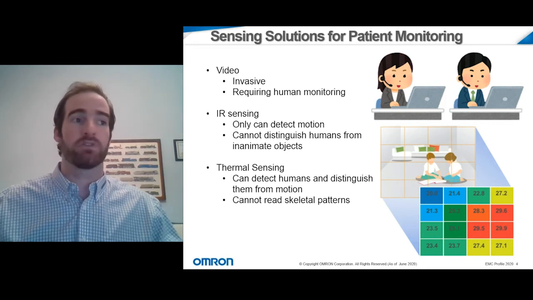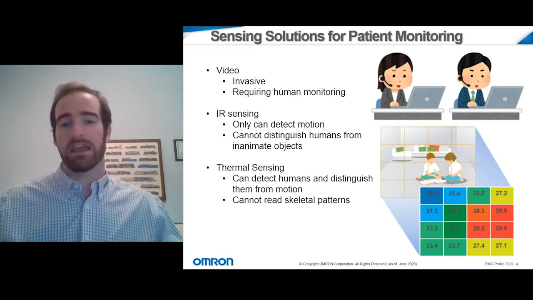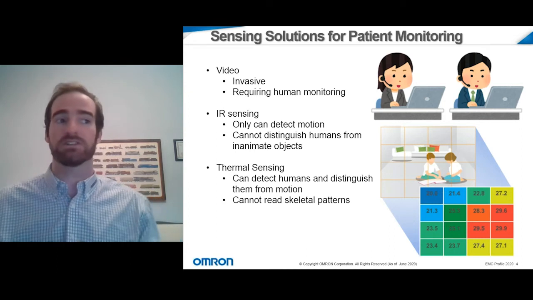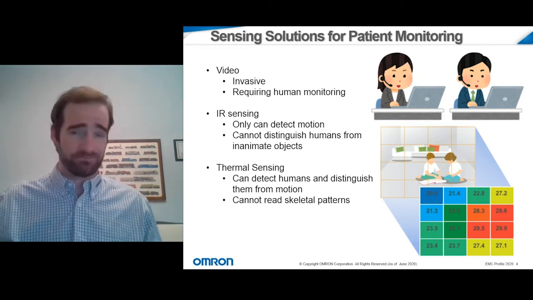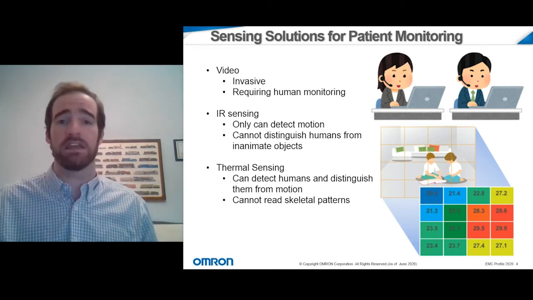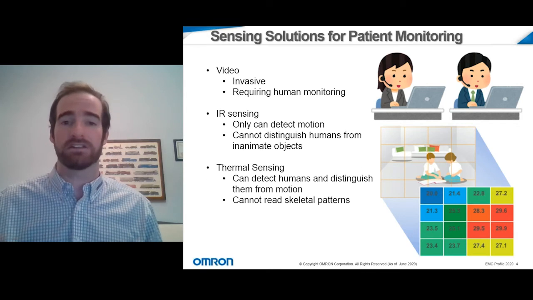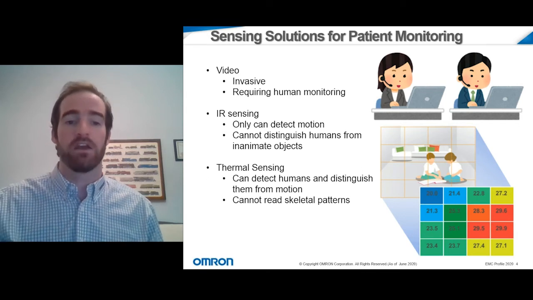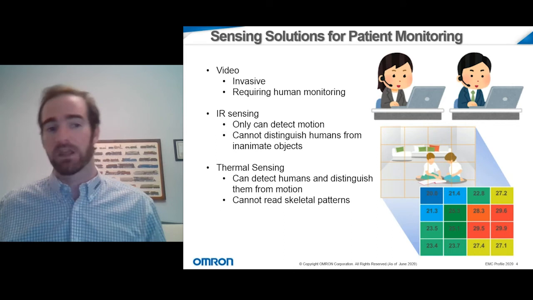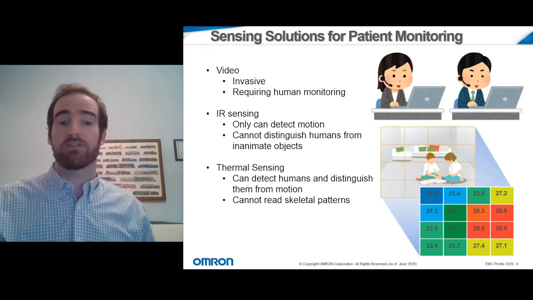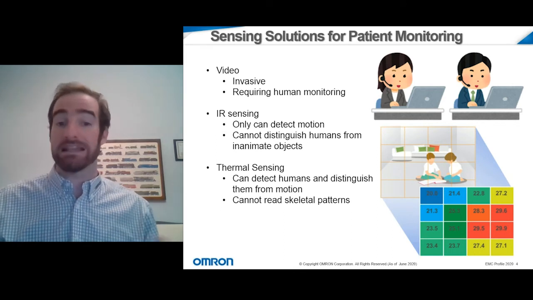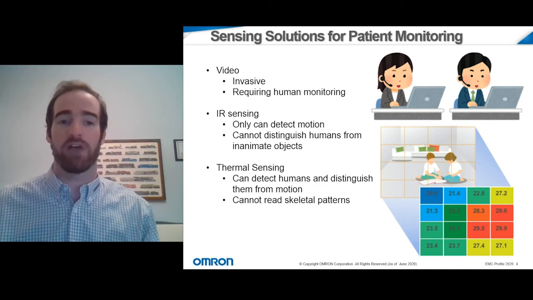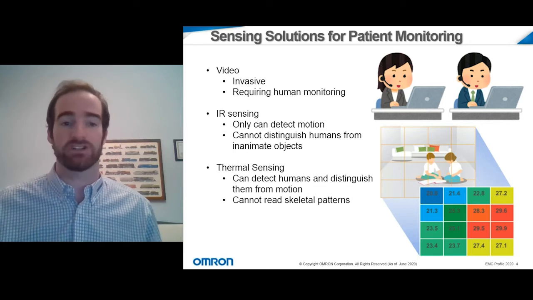These sensors only detect motion. They cannot distinguish humans from inanimate objects. And so they don't really have the ability to have the different algorithms that are put in place for these types of applications. Thermal sensors are another product, coincidentally, that we also offer at Omron, that has been looked at for these types of applications.